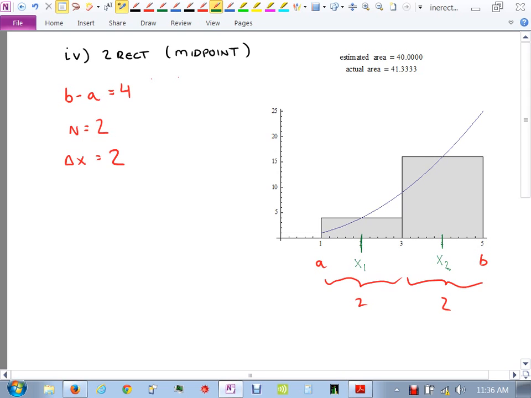Those are the ones we need in our formula. And we grab our height off of those instead. Do y'all see the difference between the left, right, and middle? So we get f of x1, which is f of 2, and f of x2, which for us is f of 4.